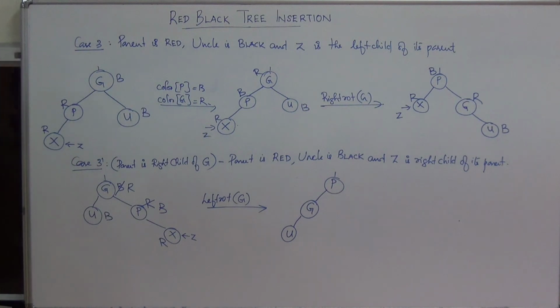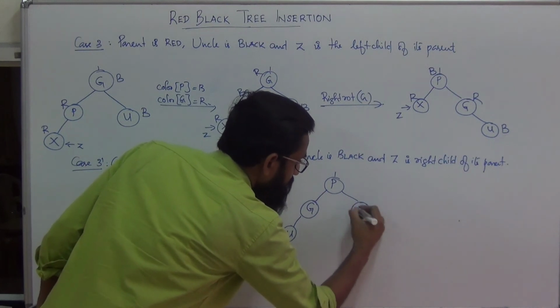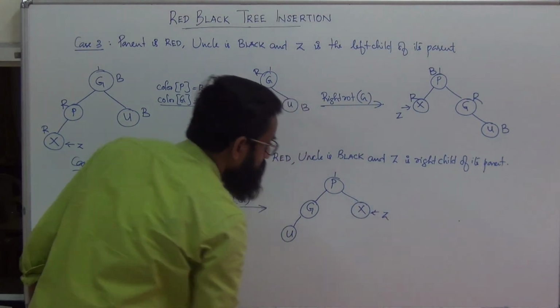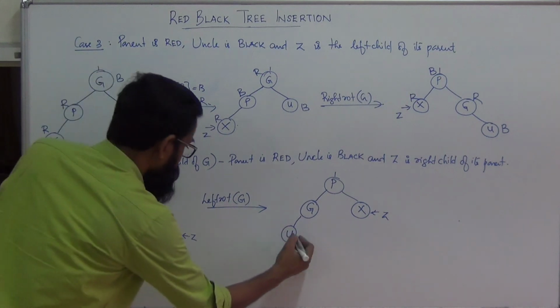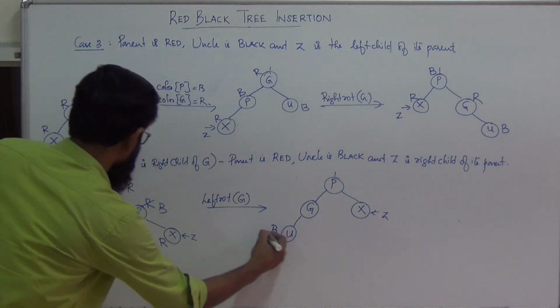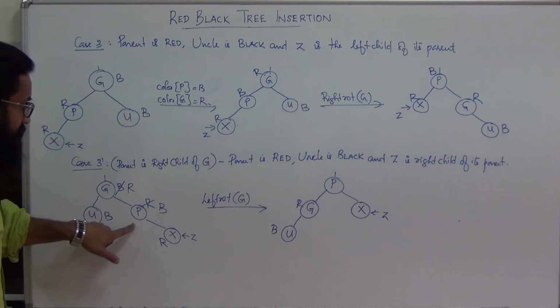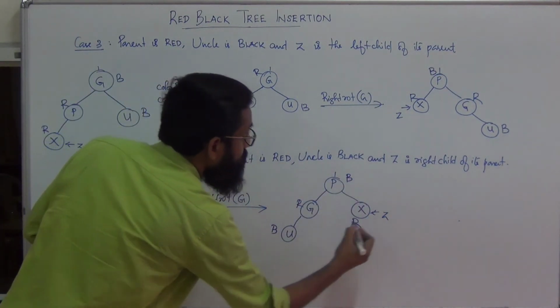U will remain as the right child of grandparent G and X will remain as the right child of P. Now if you mark the colors, U is black, then G is red, P is black and X is red.